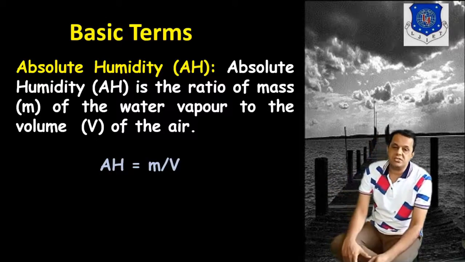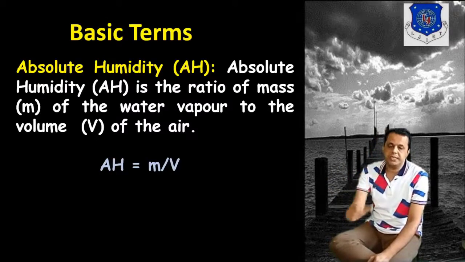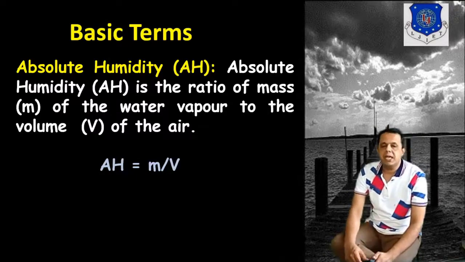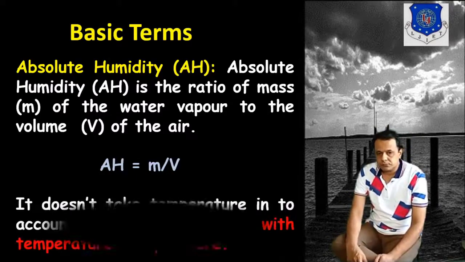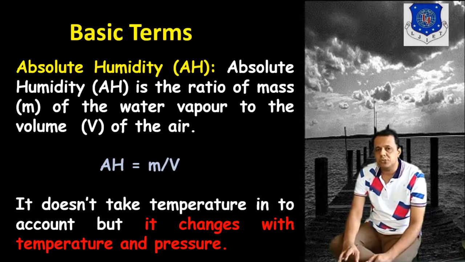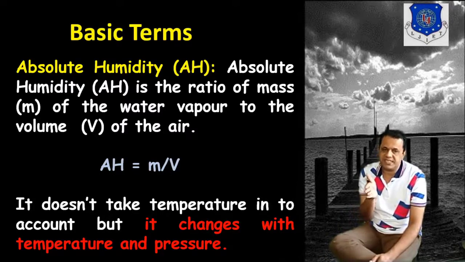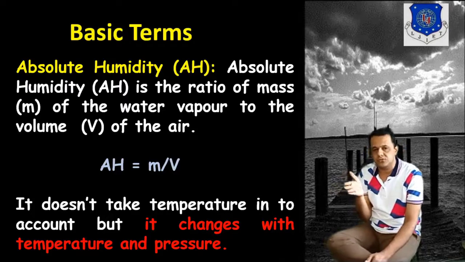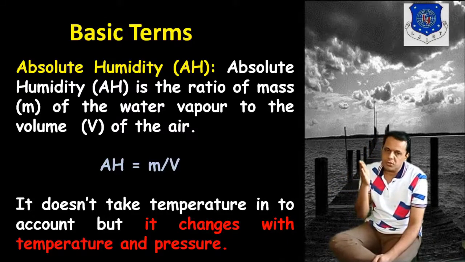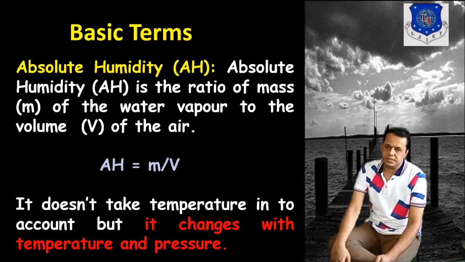So absolute humidity, AH, is M by V. Absolute humidity does not consider the effect of temperature, but for a particular temperature it may have a different value. So when we talk about absolute humidity, we consider the temperature to remain constant.